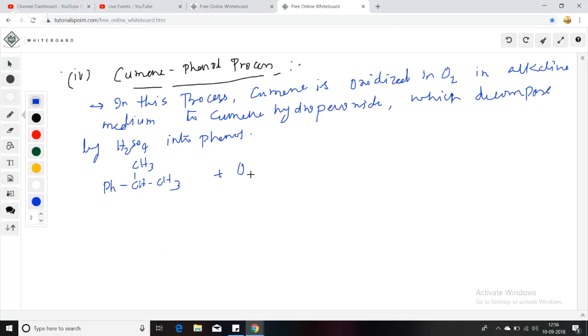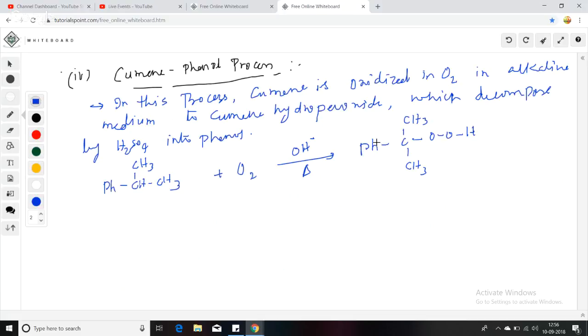Now with atmospheric oxygen and OH minus, when this is heated, we get here OOH, a peroxy linkage.